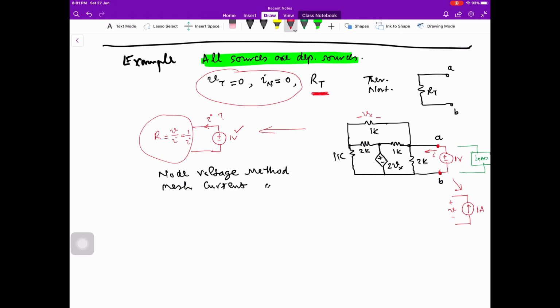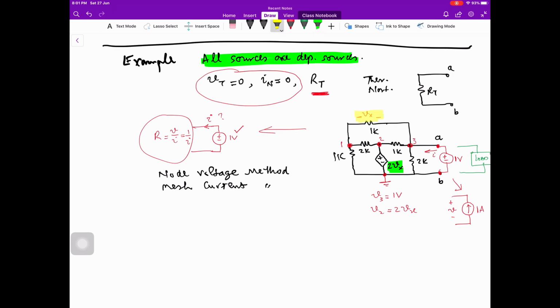If we apply the node voltage method, we will consider this as the ground node, and this is node 1, this is node 2 and this is node 3. Note that V3 is already known, it is 1 volt. And what is V2? Look at the circuit diagram. V2 over here is 2Vx. Now what is Vx?